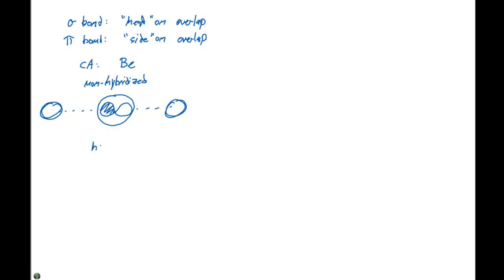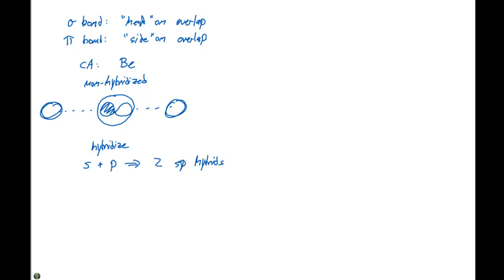But if we hybridize the s and the p orbital, when we hybridize these orbitals, the number of orbitals that we hybridize together has to equal the sum of the atomic orbitals that come together. So if we have an s plus a p, we're going to get two sp hybrids.